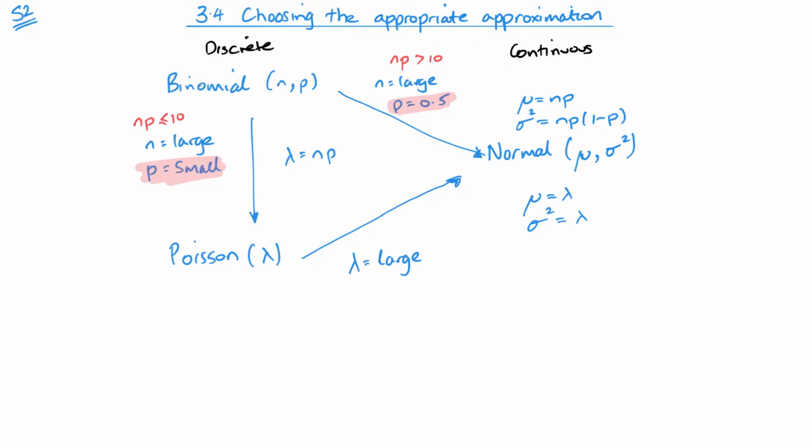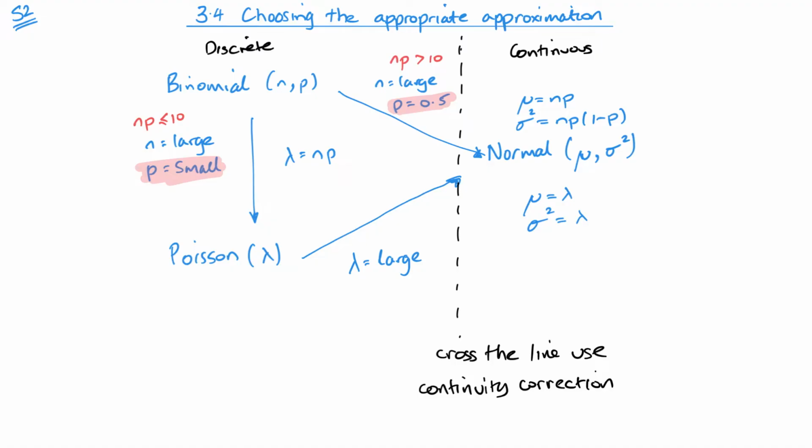Which means that we need to use continuity correction. So when you go from either of these two to the normal, we need to use continuity correction. A nice way they show that in a lot of the textbooks and online is with a simple line, which I'll pop in now. And there we have it. Cross the line, and you need to then use continuity correction.